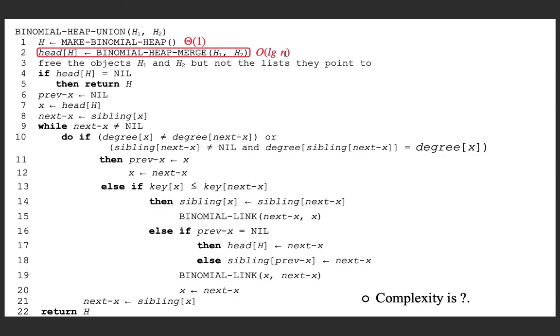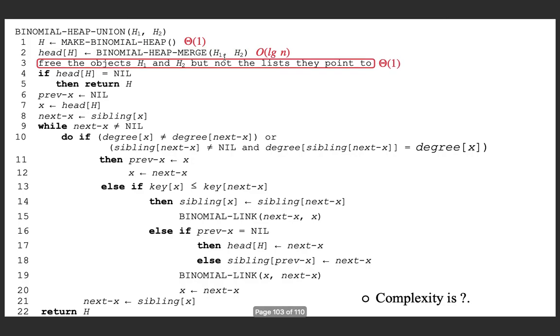So in total 2 log n trees. If you consider all the nodes in both instances as n, the total number of trees is log n in both h1 and h2, and hence the merge procedure takes only log n time, and the complexity is taken from the standard merging procedure. After that, you just free the memory allocated for h1 and h2, which is an order of 1 operation.